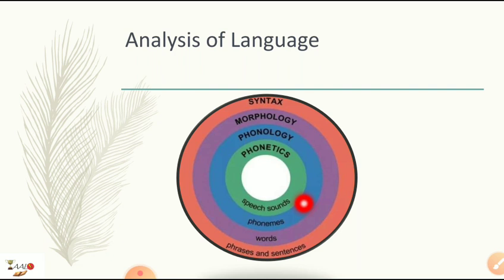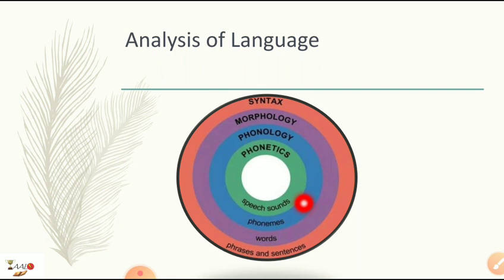Then it moves to the formation of words, how the smallest meaningful units of language, morphemes, combine together to form words. Like in talk and talked, where talk and ed, which is also a grammatical morpheme, combine together to form talked.